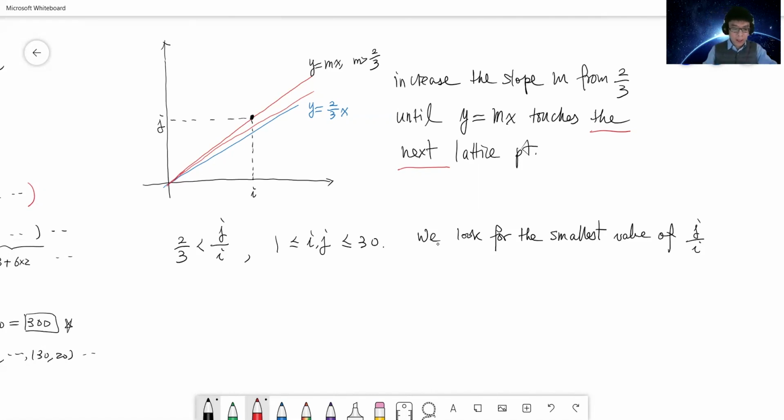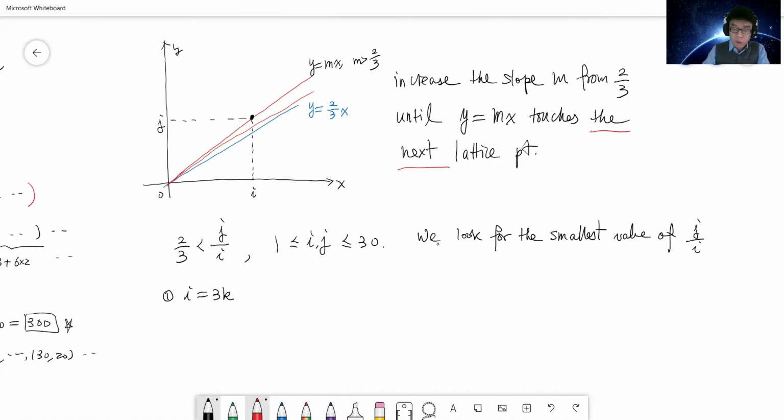Okay, let's discuss i. Here i has three cases, because we have 2/3, so we discuss the remainder when i is divided by 3.